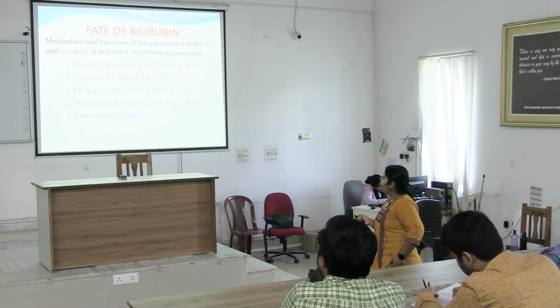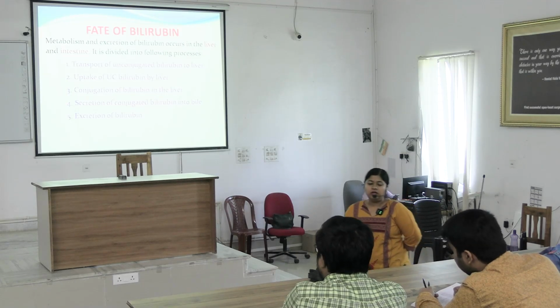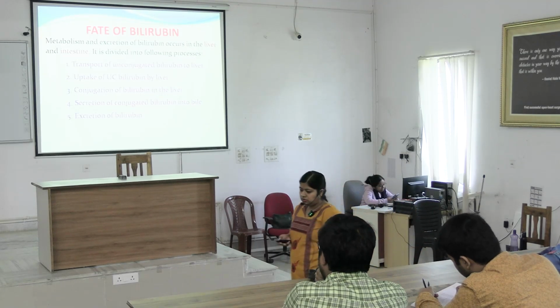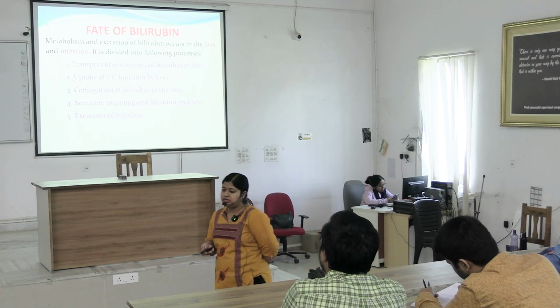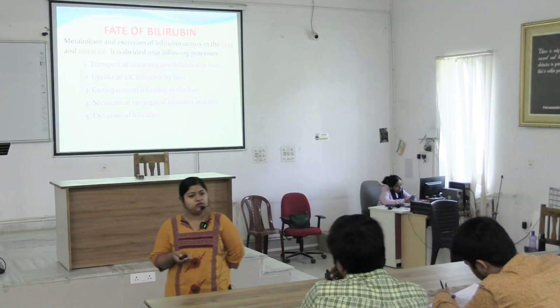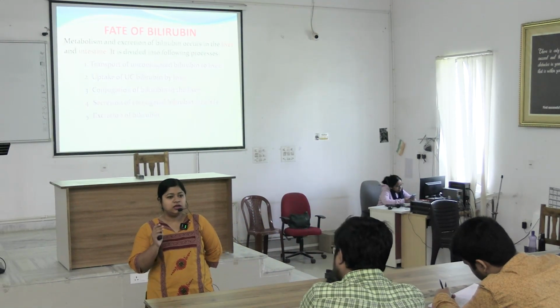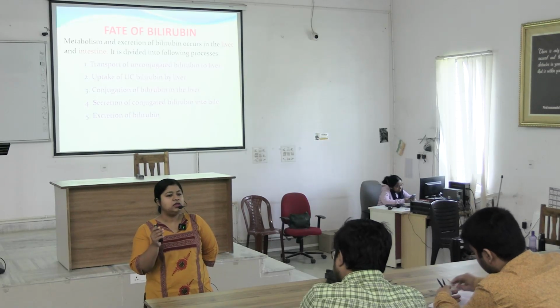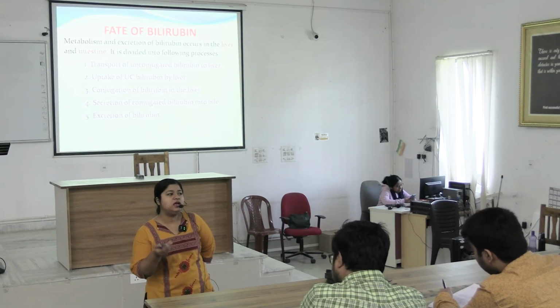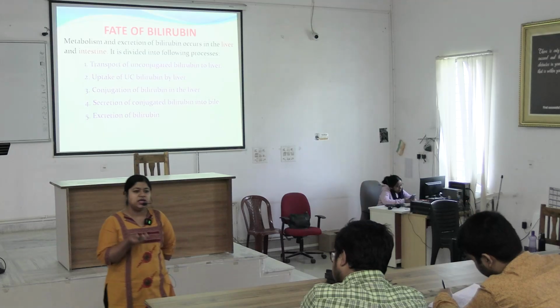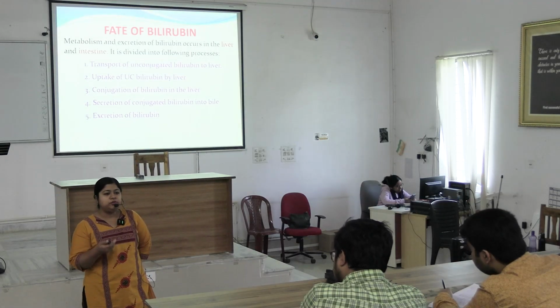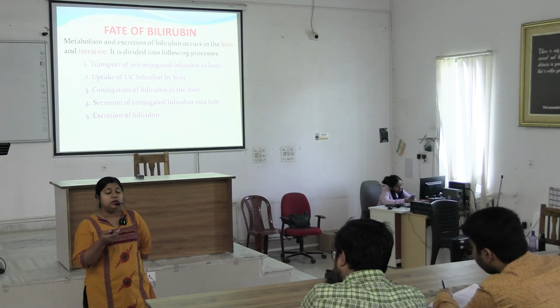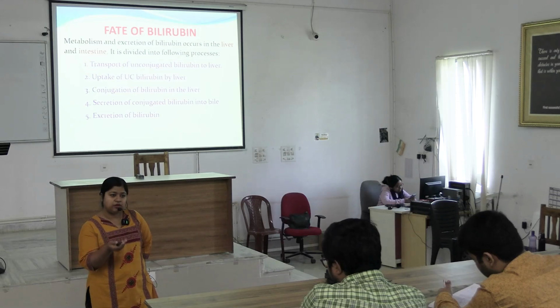Next, what is the fate of bilirubin? Have you understood the process of heme breakdown and bilirubin formation? Heme comes from hemoglobin of old RBCs or other heme containing proteins, and it is converted into biliverdin first in the microsomes of macrophages.